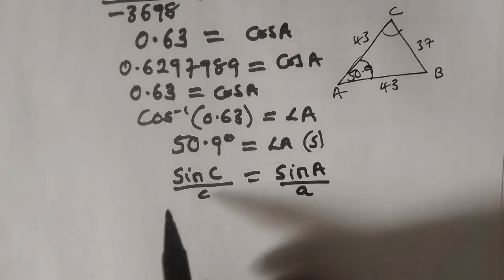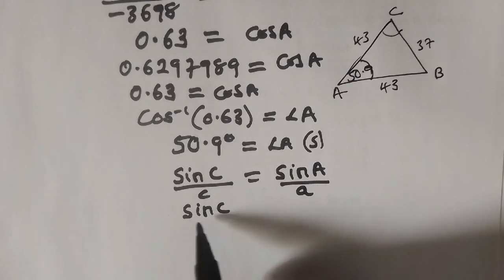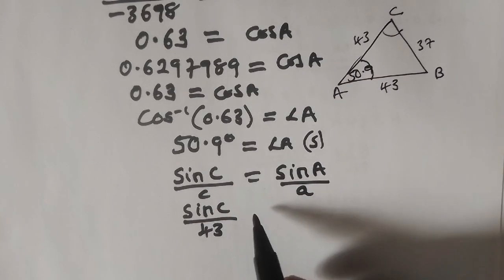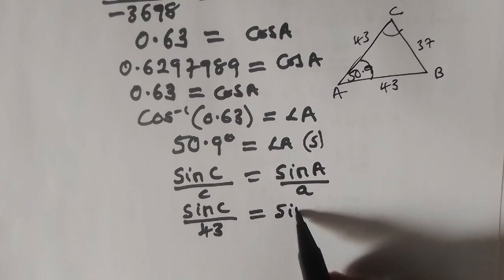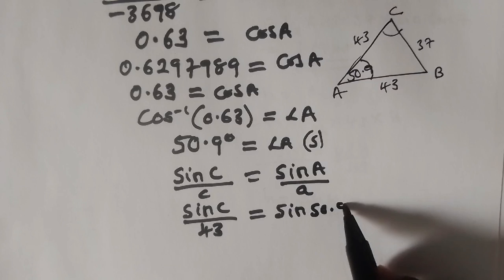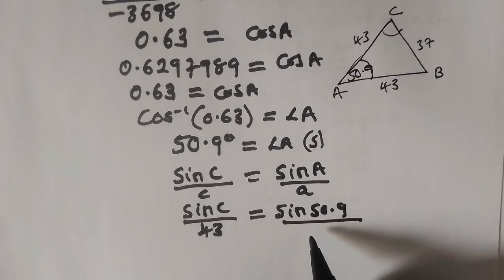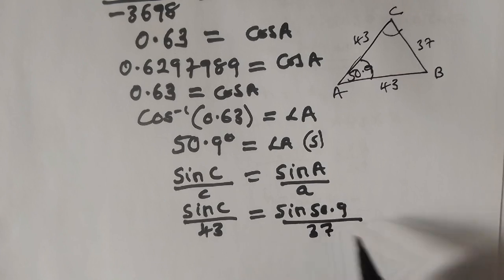We know that we're looking for angle C, so sine C will remain the way it is, over 43, equals sine A, which we have, which is sine 50.9, over a, which is 37.